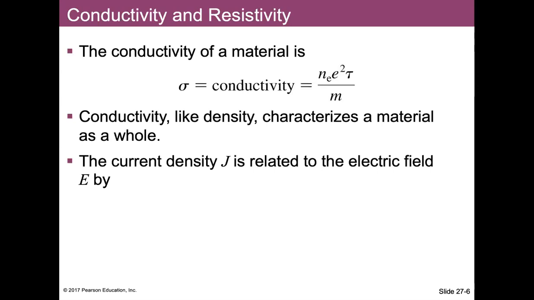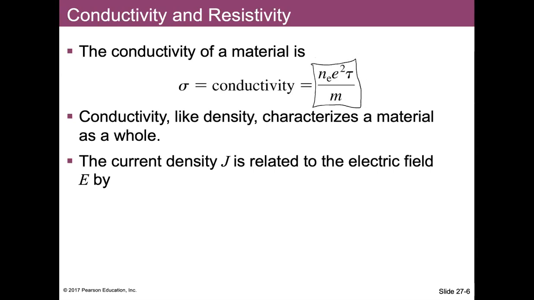And like density, it just characterizes a material as a whole. So this is the same for any type of that material. So if we know what it is for aluminum, it's always going to be that for aluminum, for example. Now, the current density J is going to be related to the electric field, because we said J would be equal to this constant times the electric field.